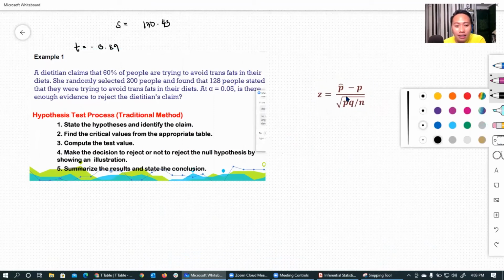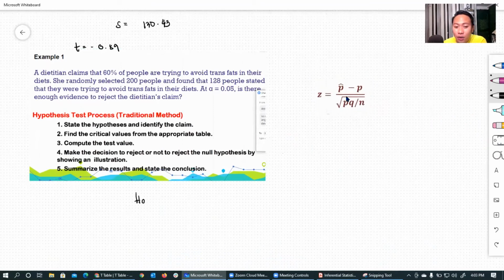So the null hypothesis, guys, since we are no longer using the mean, we are no longer dealing with proportions, so we are going to use letter P, which stands for the first letter of the word proportion or percentage. So P still equals 60%. Or you can write P equals, sorry, that should have been 0.6.